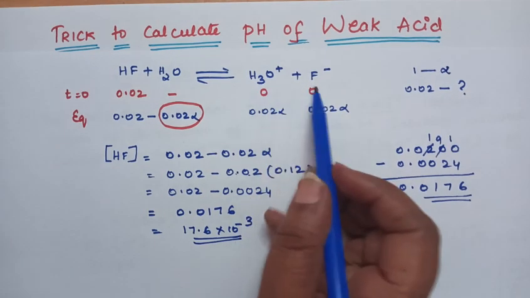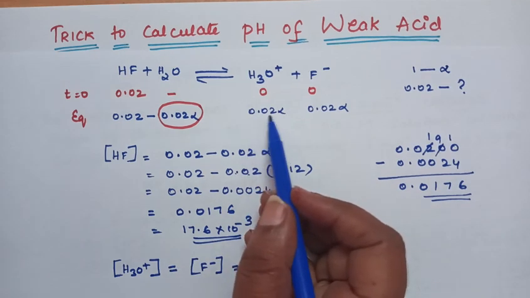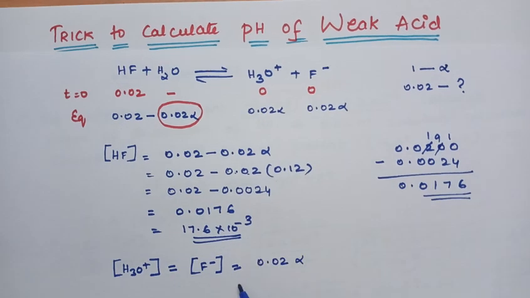Now we will find the concentration of H3O plus and F minus. The concentration of H3O plus will be equal to the concentration of F minus, which is equal to 0.02 alpha, where alpha is 0.12.